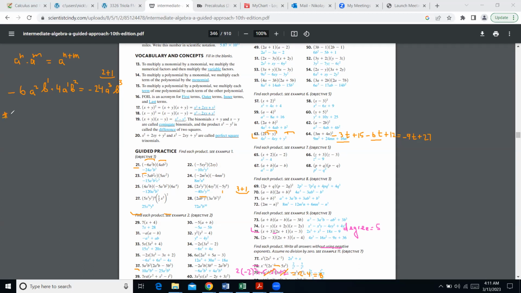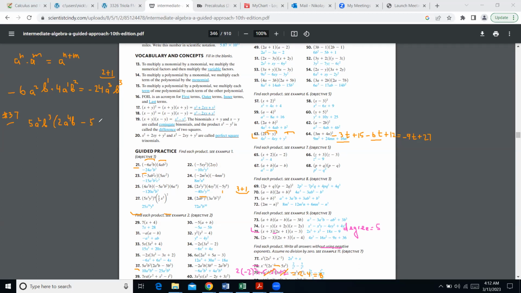So let me copy this again. This is 5a squared b cubed, which is supposed to be multiplied by, in the parentheses, there are 2 terms: 2a to the power of 4 times b minus another term, which is 5b cubed.